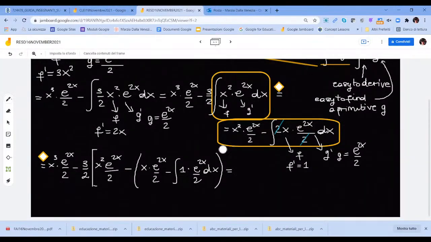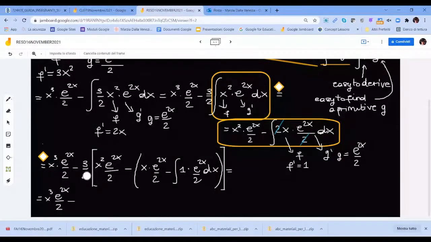And now we don't have any more steps, because now we can solve this integral, knowing that the primitive of e to the 2x is e to the 2x divided by 2, so that means that we have 1/2 that should multiply the primitive of this integral. So let's write everything. x cubed e to the 2x divided by 2 minus.